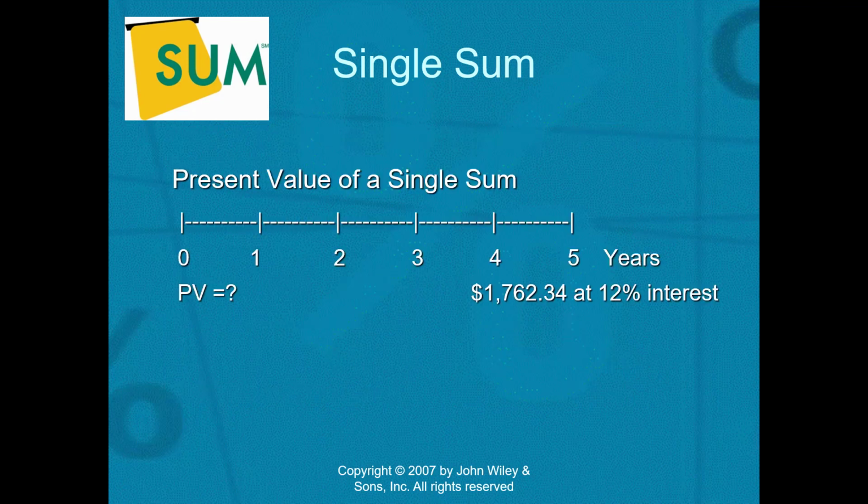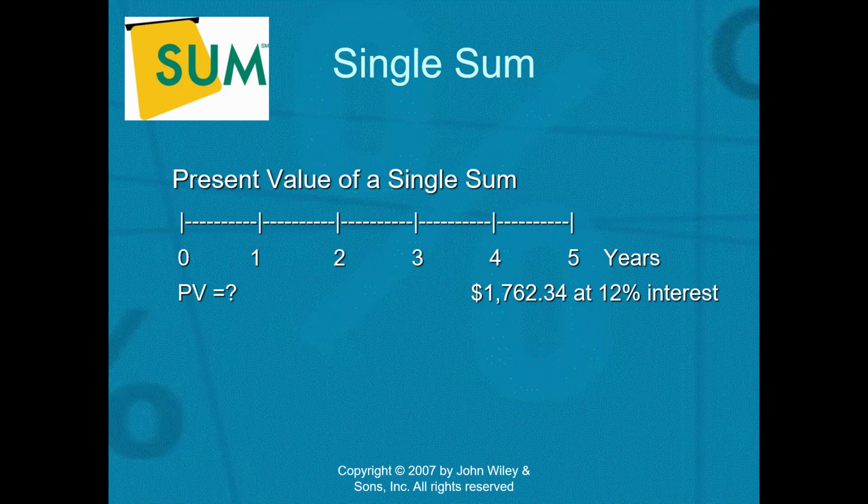And you should see on your app a number that looks just like what you see on the screen. You're probably going to see 1762.3417, and we'll see why that's important in just a minute, okay? But you now have calculated your first future value. So what does that number mean to us?